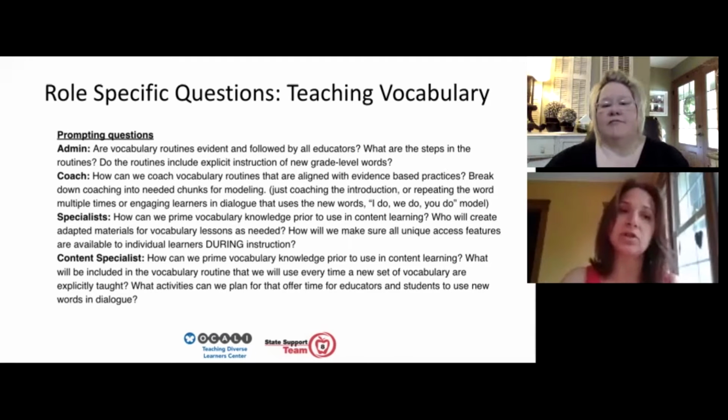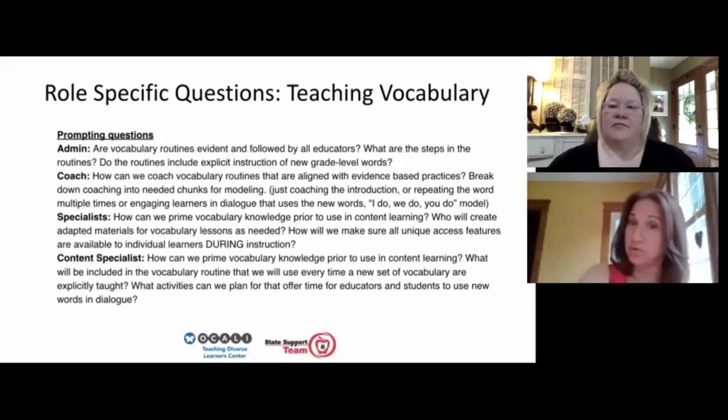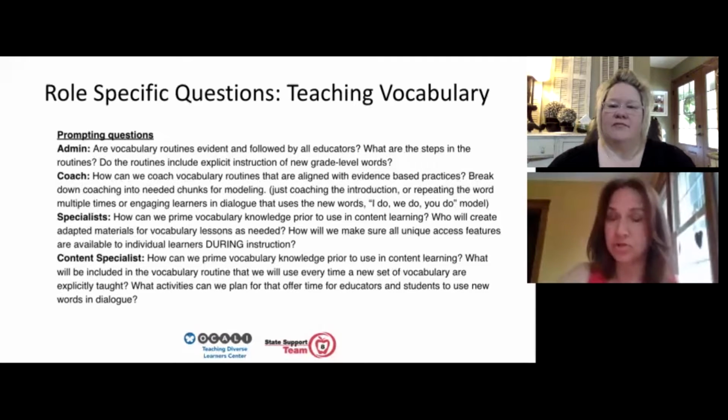But how as a coach can you break down what you need to support them into manageable chunks to model? So in other words, not just coaching the introduction or repeating the words, but that they're actually using the I do, we do, you do approach to vocabulary and explicit instruction so that students get lots and lots of exposures.